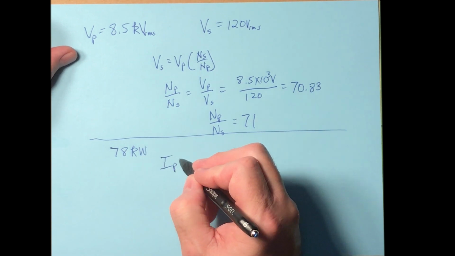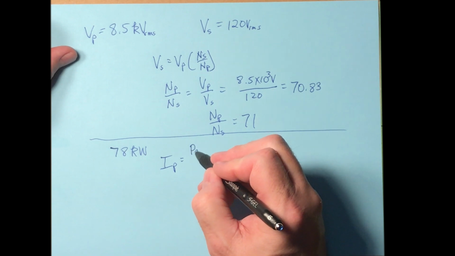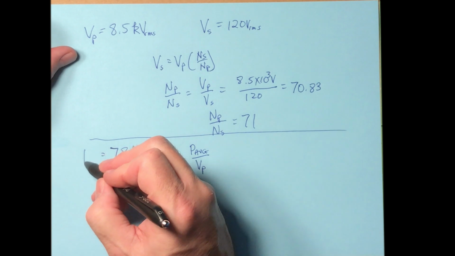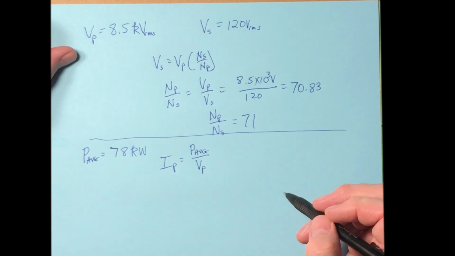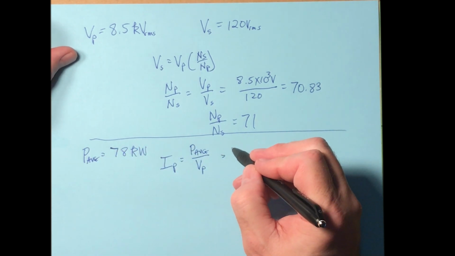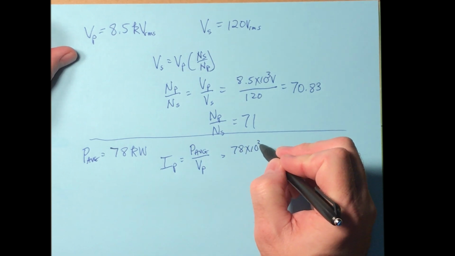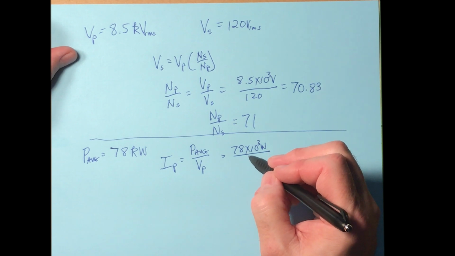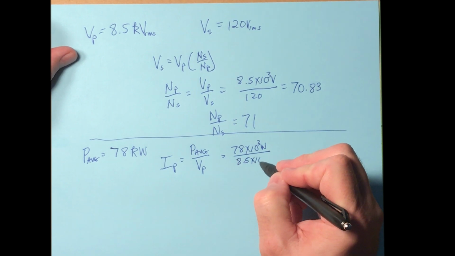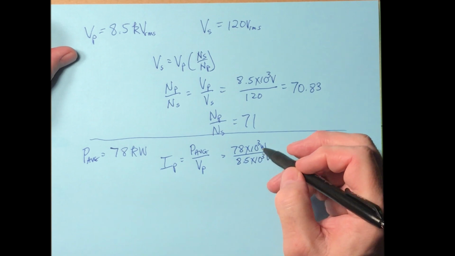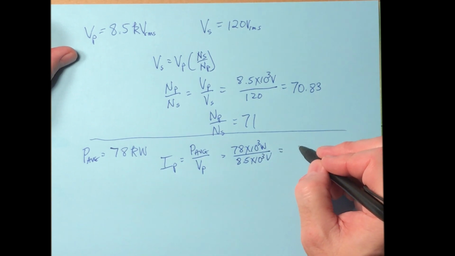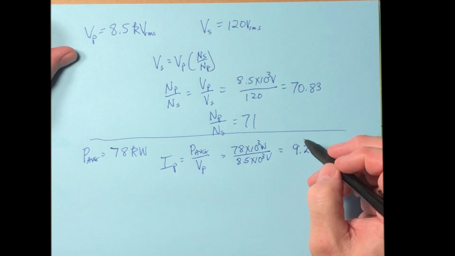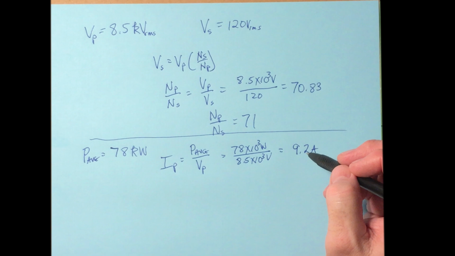So on the primary side, it's going to be the average power divided by V sub P. This is the average power. Okay. So this is going to be 78 times 10 to the third watts divided by V sub P, and V sub P was 8.5 times 10 to the third volts. This turns out to be 9.2 amps. So that's the current on the primary side.